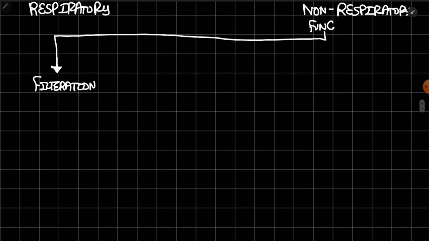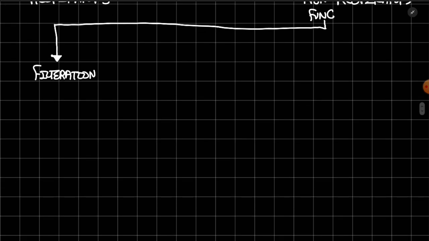So, there are three types in filtration. Turbulent precipitation is the first and foremost type. Now, what is turbulent precipitation? As we breathe, the hair follicles in our nose try to filter the air by trapping the dust particles and other pathogenic particles.